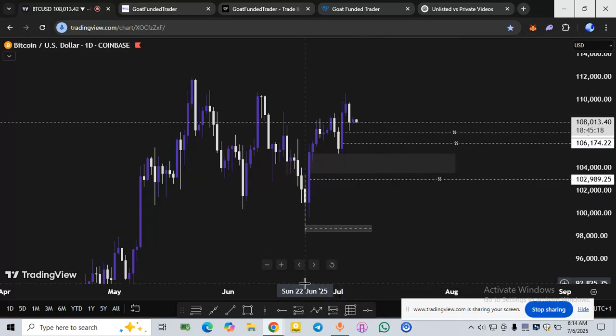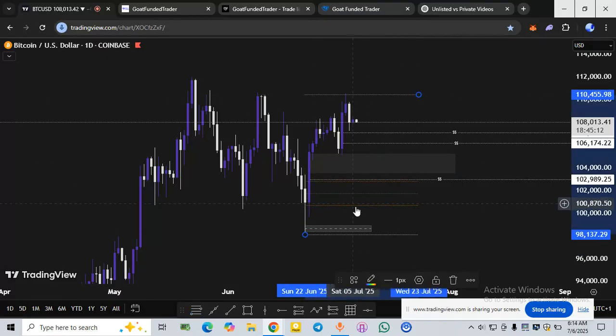Now, if you also take a look at the daily structure, though I don't think price is going to come down to the golden zone of the daily, which is over here, I just believe that this is going to serve as a drop liquidity that will drop price down. So looking at all these things, you see that on the main time frame, BTC is clearly pointing towards a slight retracement before a massive move to 112k to clear out this liquidity over here.